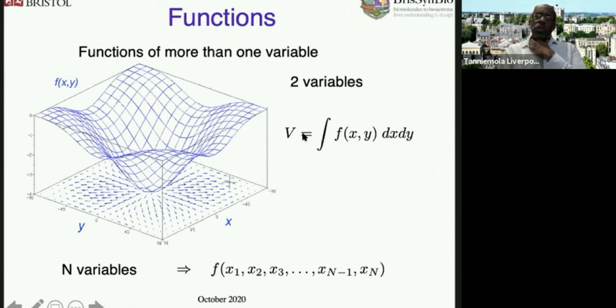And by analogy, we can define an integral of the function over the two variables x and y as the volume under this surface. And these notions we can generalize to n variables. So we can have a function where the function has n inputs, called x1 to xn.